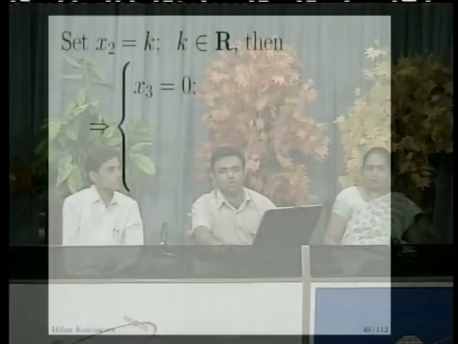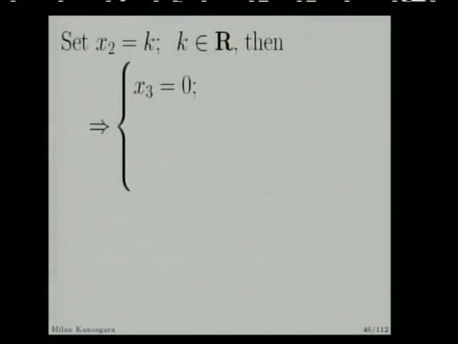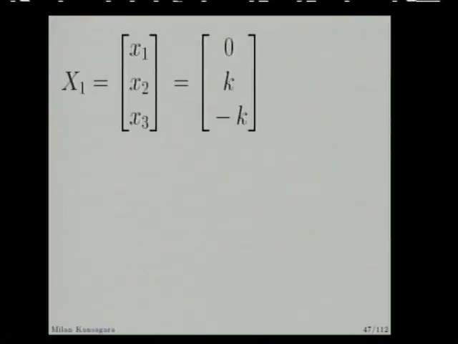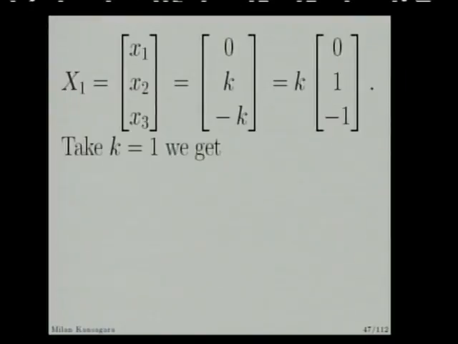So we are taking k as some non-zero number, and it can be any number from R. Here we take k equal to 1. If we take k equal to 0, then everything becomes 0, so the eigenvector will be 0.